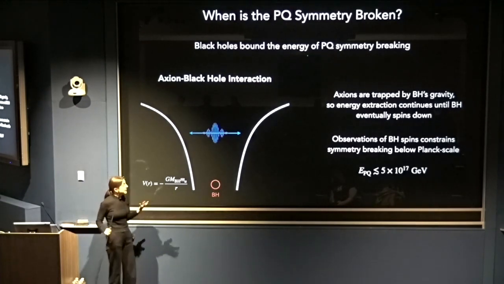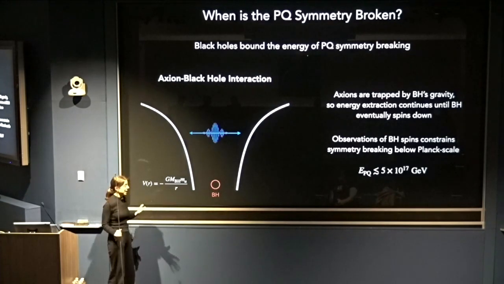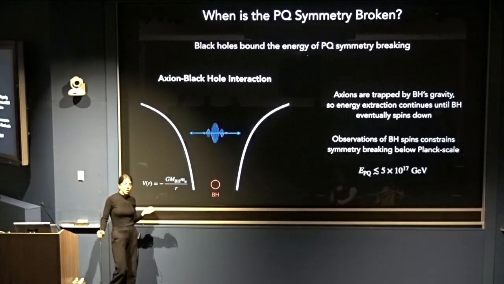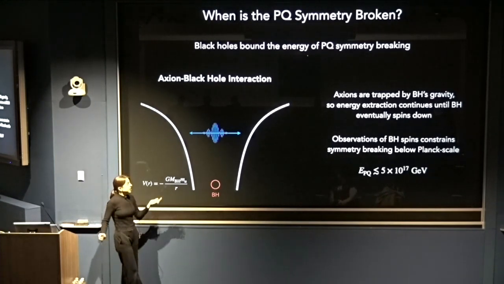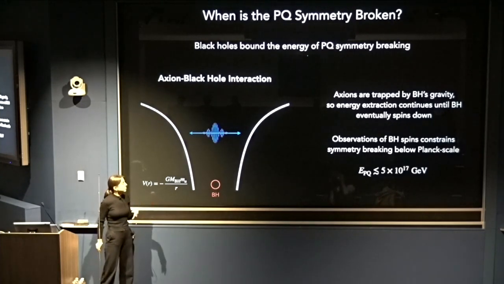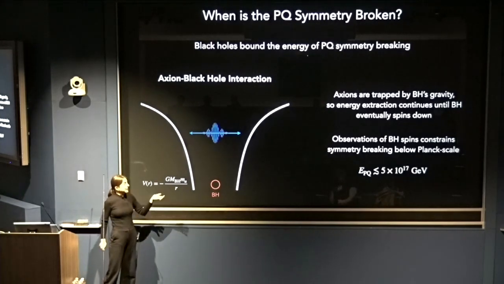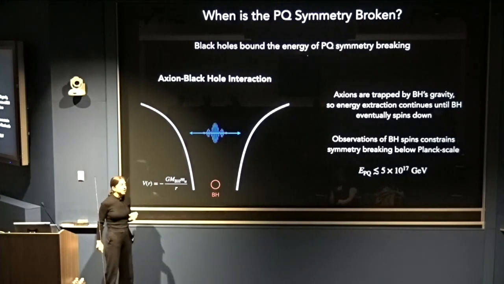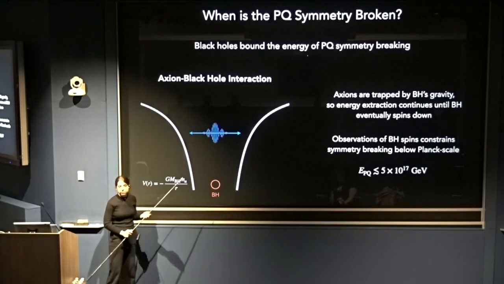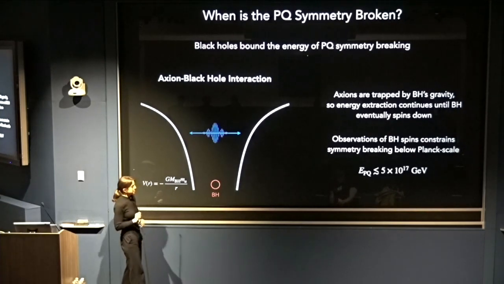And this actually gives us a way of searching for these kinds of axions, because we can go out and do observations of black hole spins. If we see a population of black holes that are spinning at a given frequency, then that means axions must not have caused them to spin down. But if we're somehow not seeing black holes with particular spins, then that could be evidence for the presence of these massive axion clouds that are forming around these black holes and sapping them of their energy.